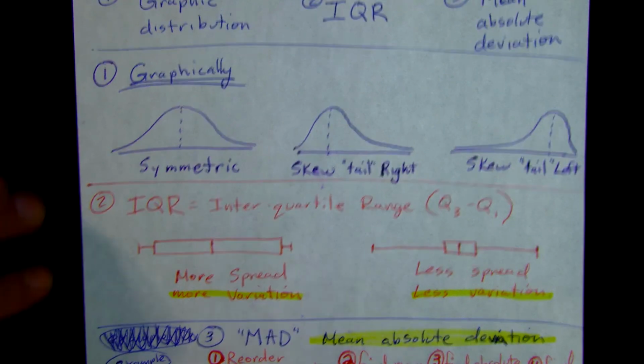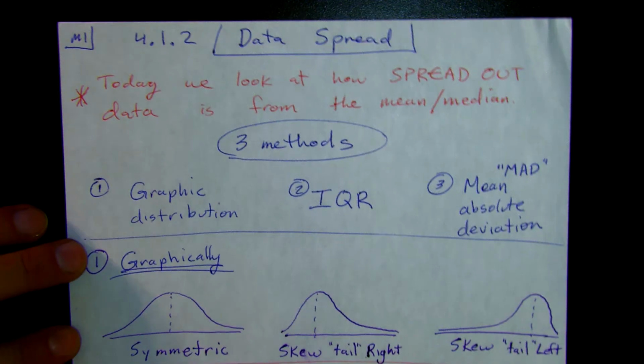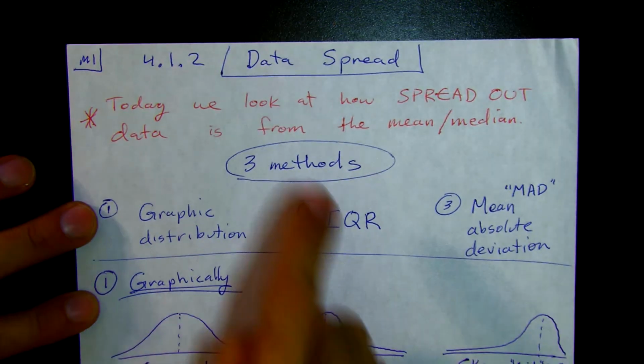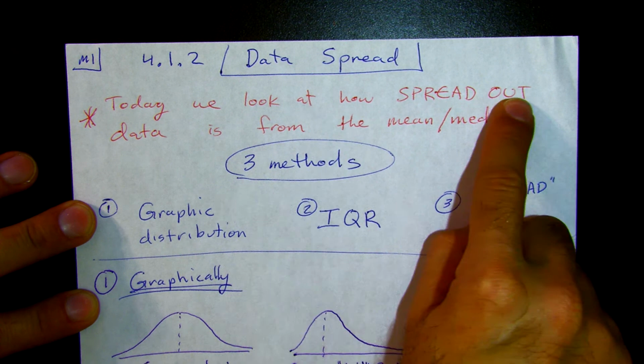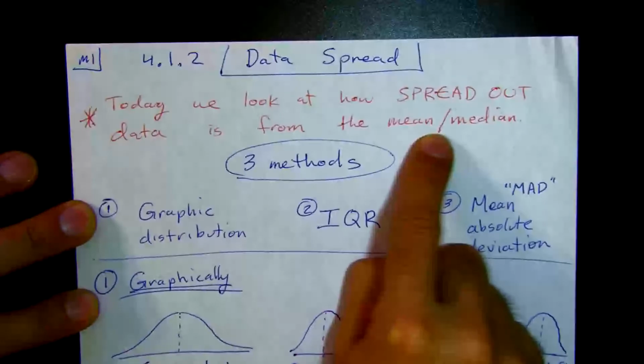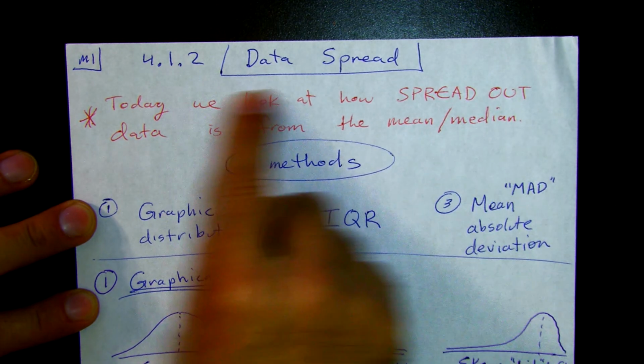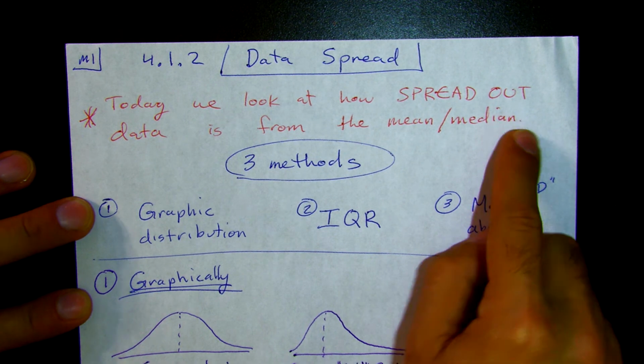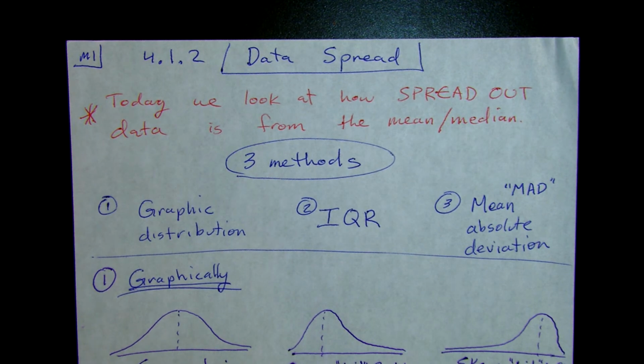Now we're looking at how spread out the data is from the mean or median. Okay, how spread out the data is, right? If you have your data really spread out, as far as in this class what everyone's grade is, then it's information that could be helpful.